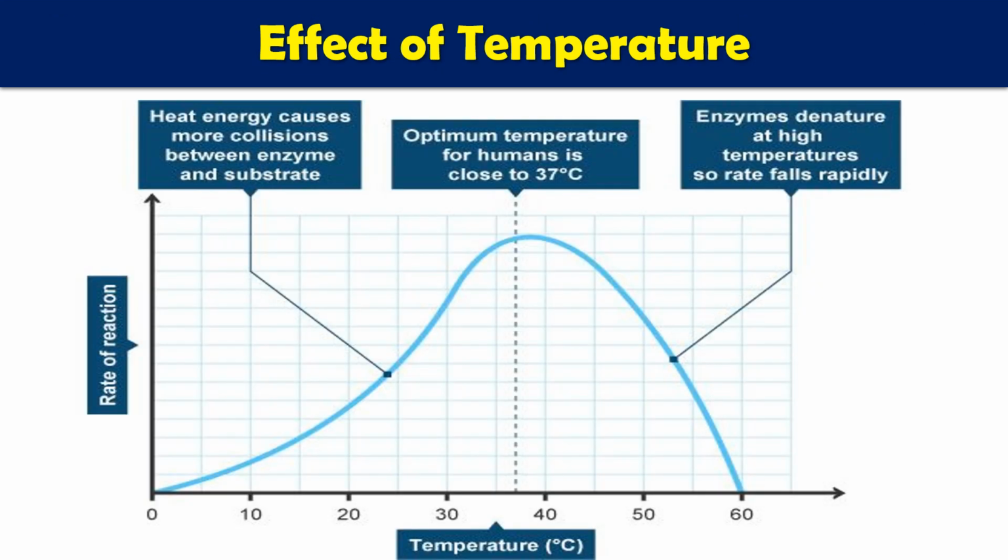Now the first parameter is temperature. As we know, enzymes are composed of proteins, and proteins are normally functional in their tertiary or quaternary structures, which are maintained by a number of non-covalent bonds.